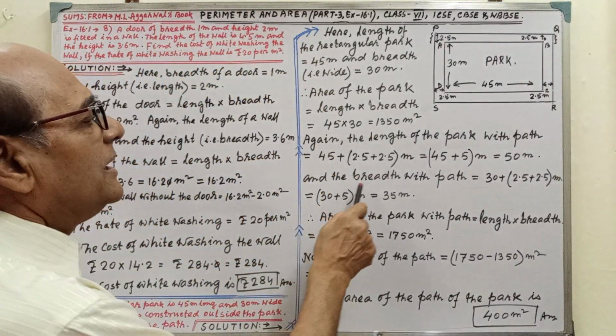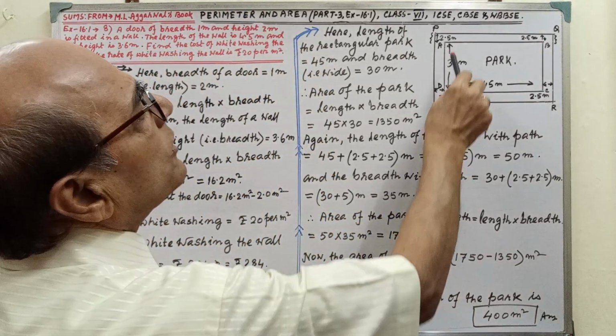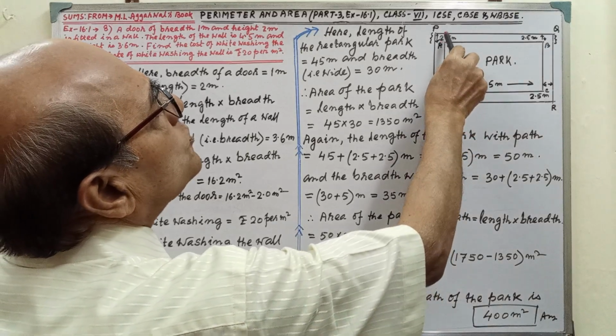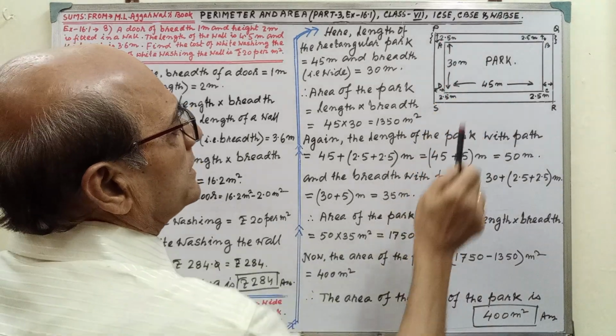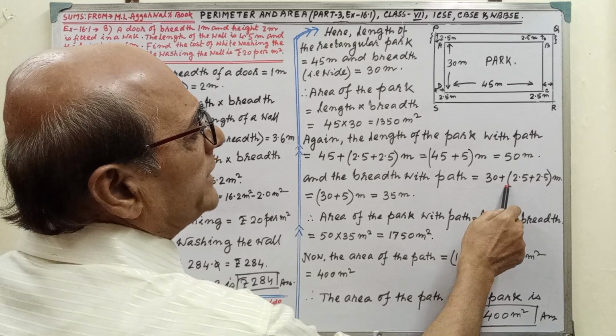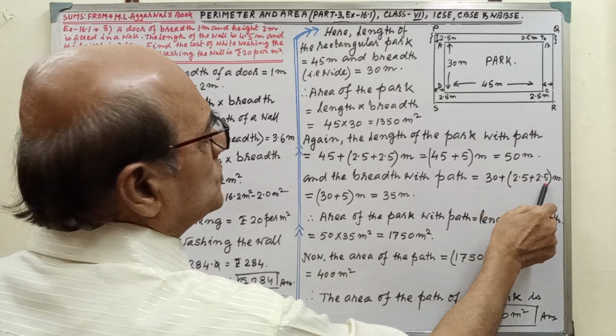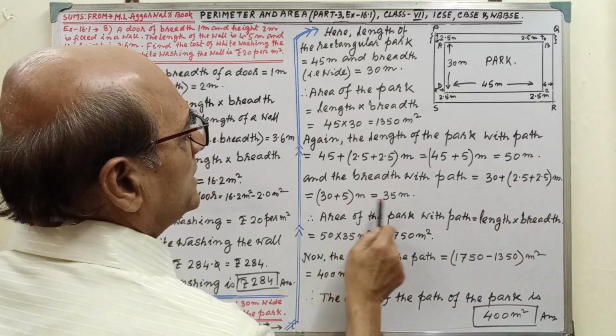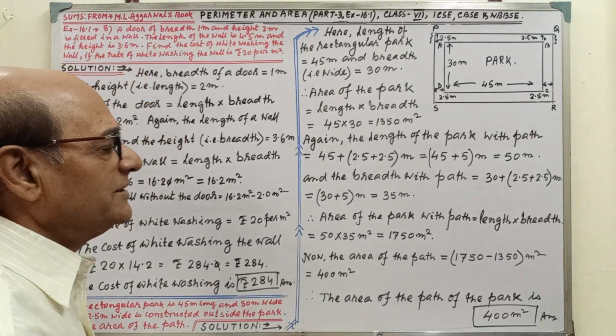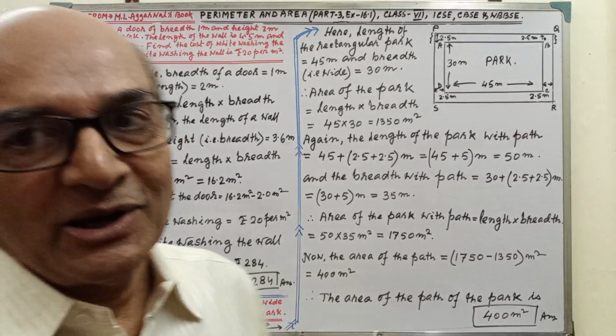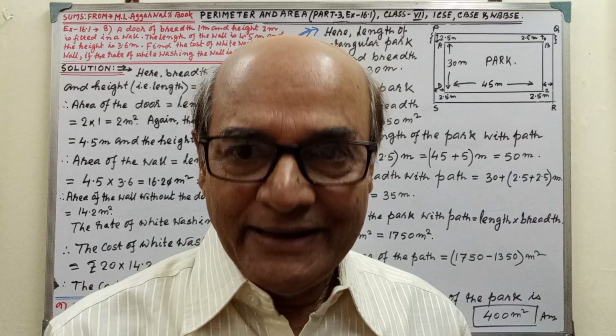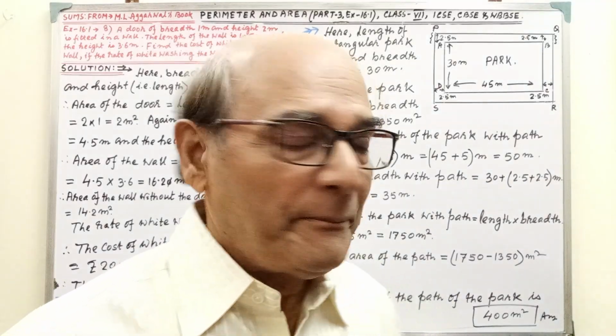Next, similarly the breadth will also increase by 2.5 meter on each side. So 30 plus 2.5 plus 2.5, by calculation it is 35 meter. Now we have to find out the area of the path.